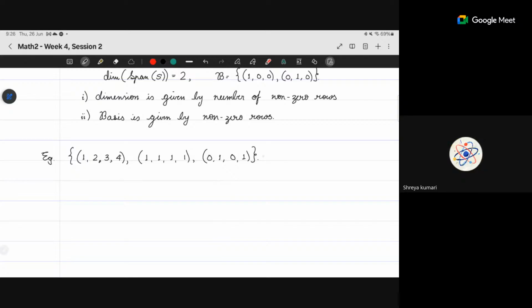Yes, it is. How so? Because there is no linear combination of the other two. Yeah, how can you say that? You need some proof, right? You need to work that out.